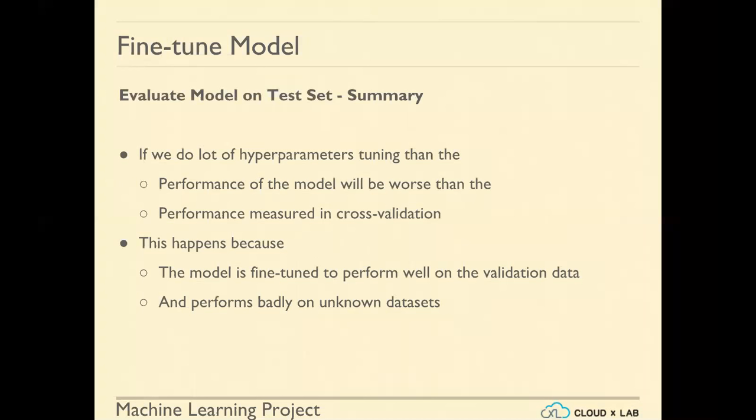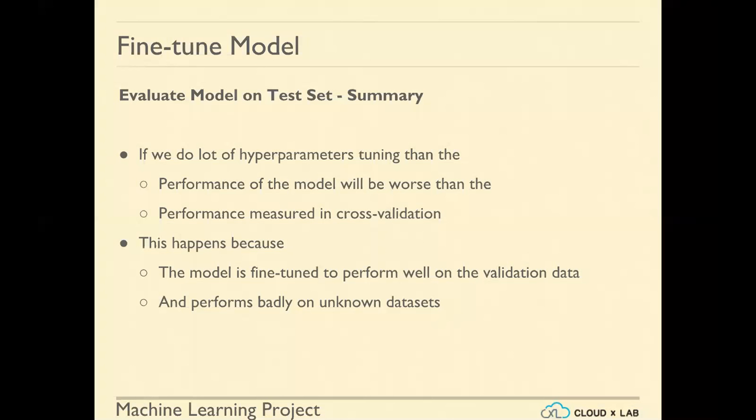Now there was a point that some of you raised: aren't we using hyperparameters too much? If you do a lot of hyperparameter tuning, then the performance of the model can be worse than the performance measured in cross-validation.